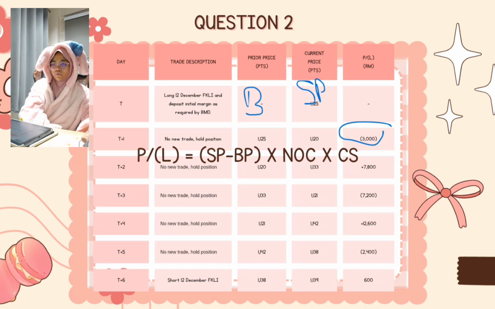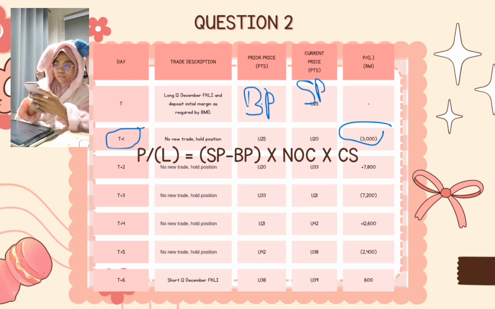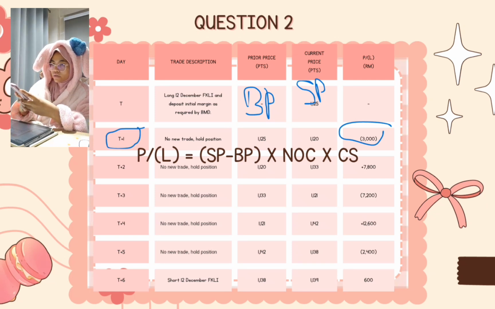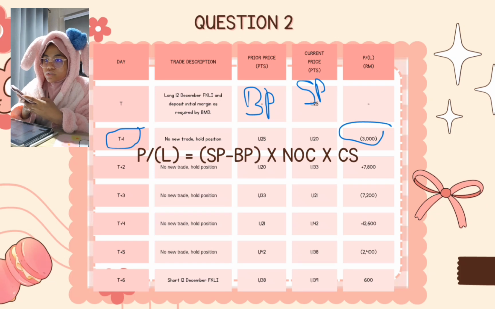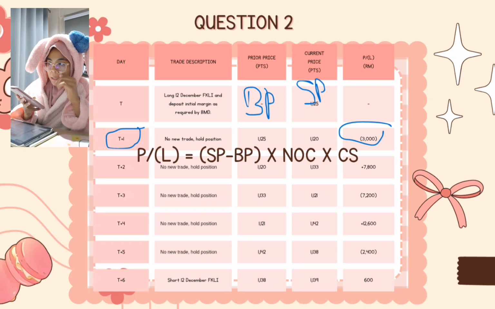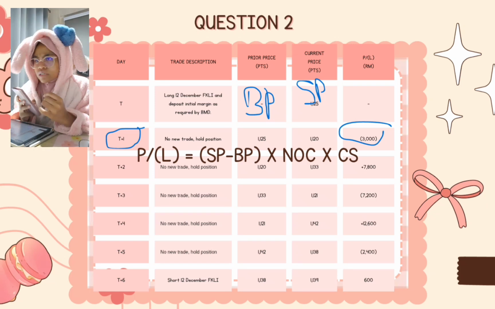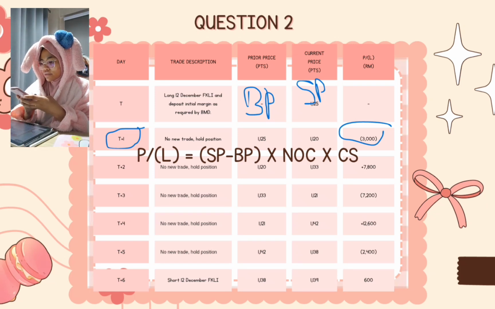So for example, we want to calculate for T plus 1. Just put 1120 minus 1025 times 12 times this is FKLI.